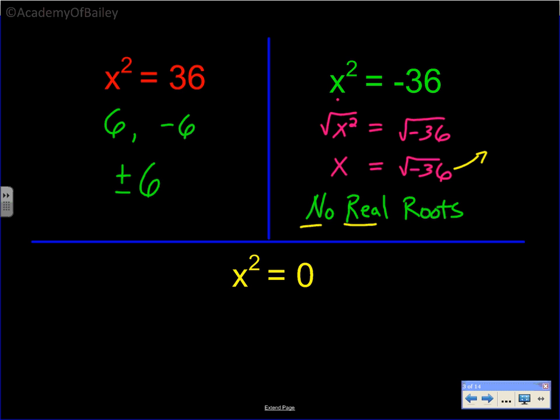When you get to a more advanced course, probably your next course in algebra, you're going to say that the square root of negative 36 is going to be plus or minus 6i. And i stands for imaginary numbers. Like I told you, we have imaginary numbers in math.